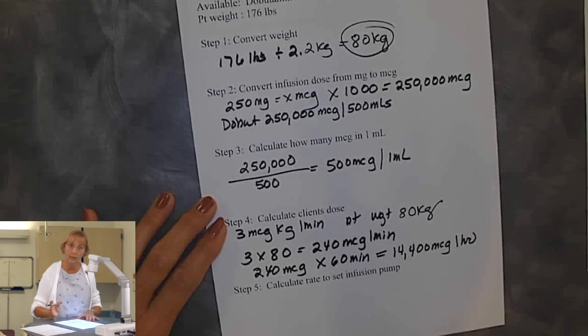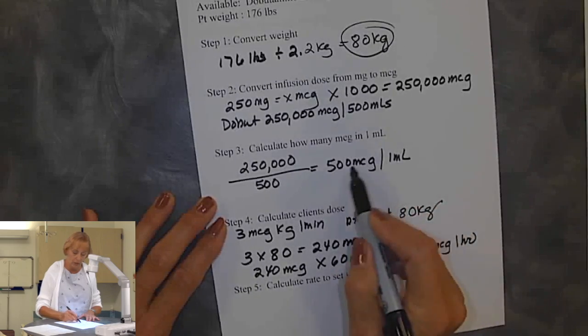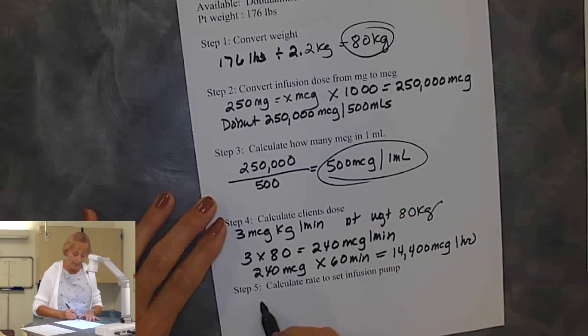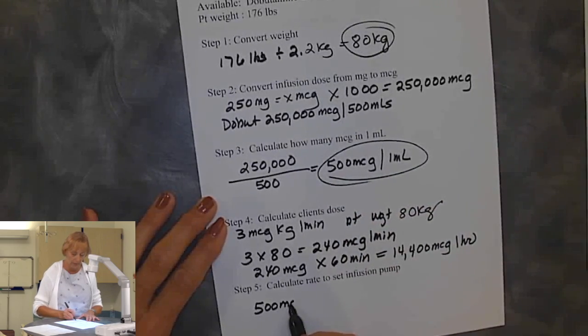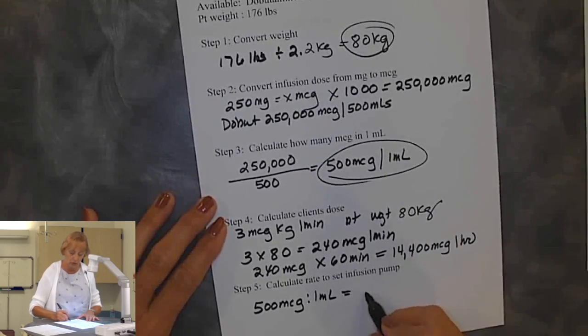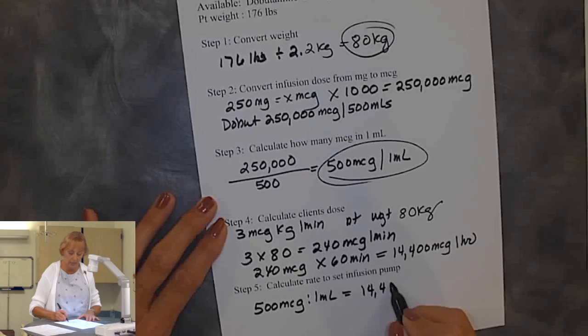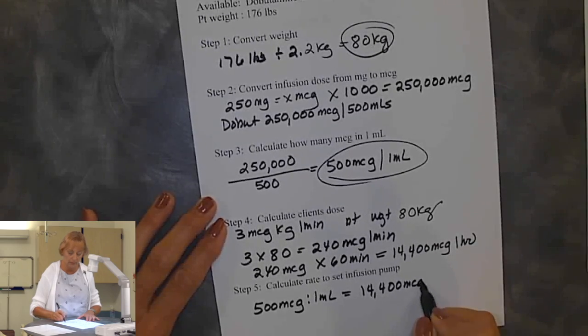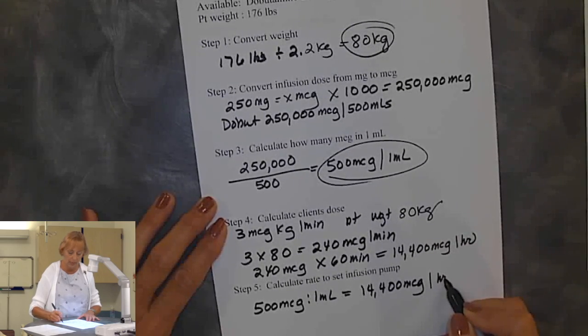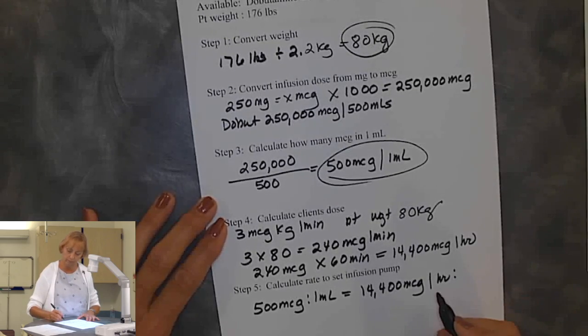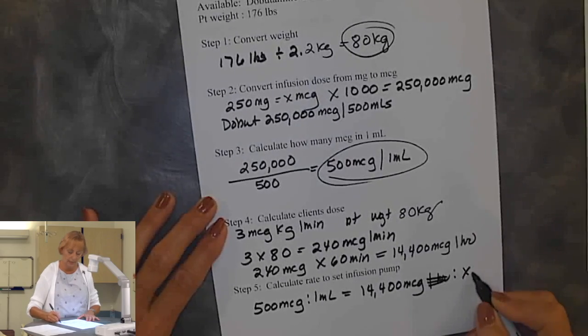So you're going to calculate the rate to set your infusion pump. So you look at what do you have here in your bag. So you have 500 micrograms per 1 mL, and that is equal to, we want to give 14,400 micrograms per hour, per X mLs.